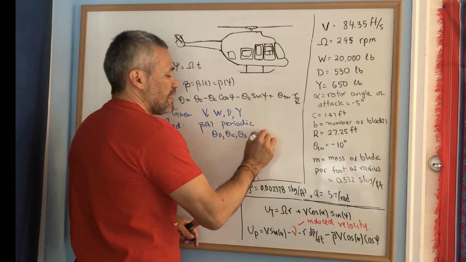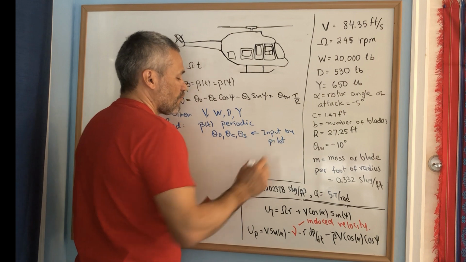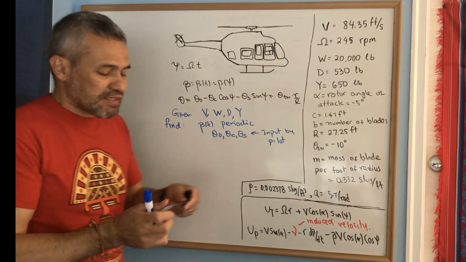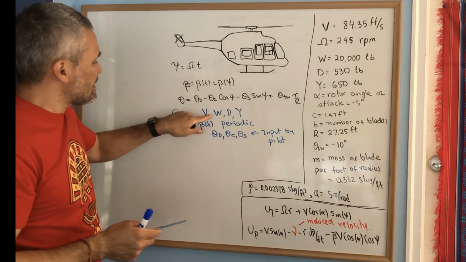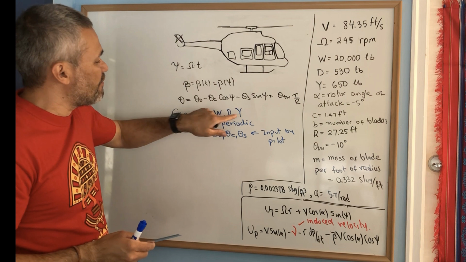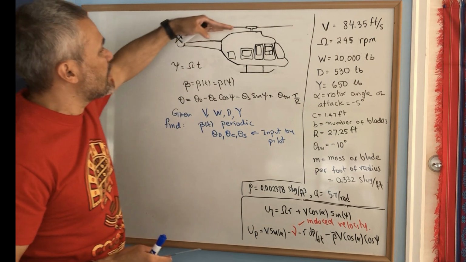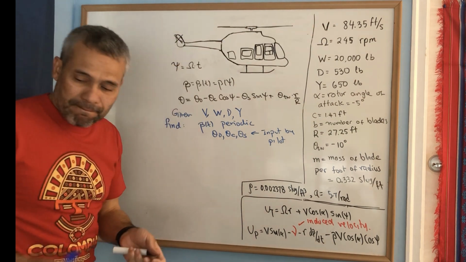This is the input by the pilot, and with the property that the thrust produced by the blade when it rotates balances the weight, the drag, and the lateral force, and also it makes the helicopter fly with this velocity.